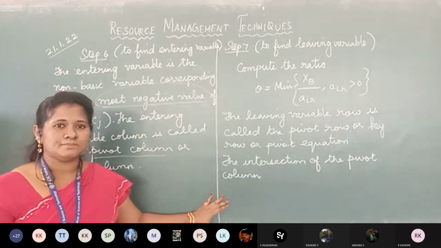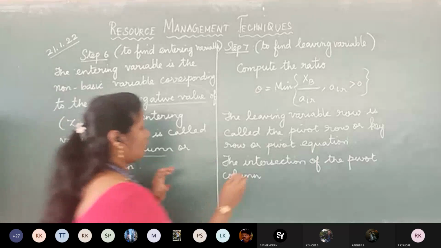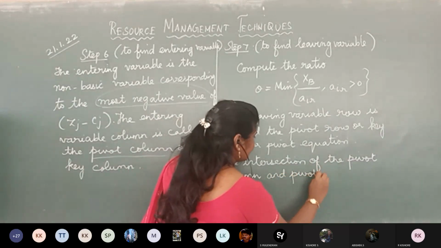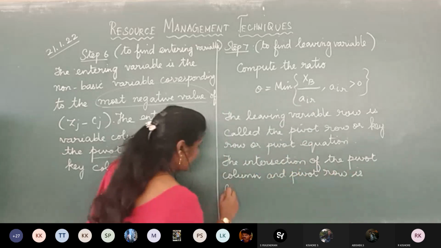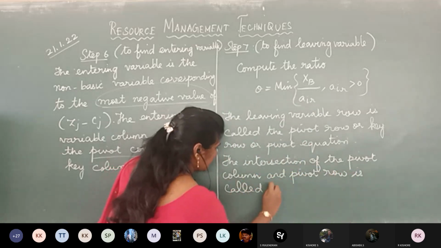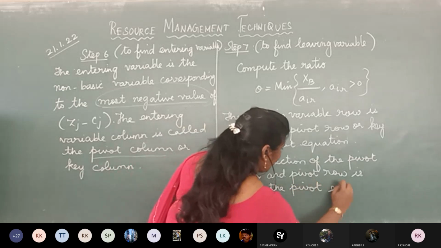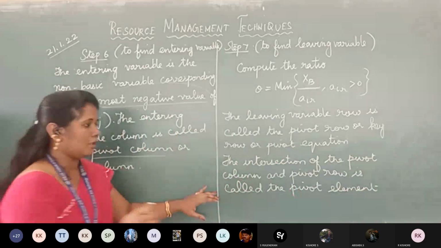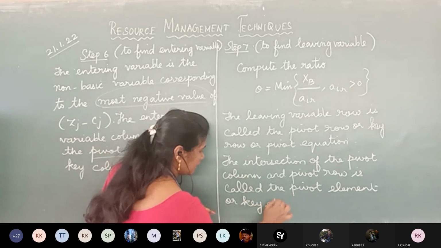The intersection of the pivot column and the pivot row is called the pivot element, or key element.